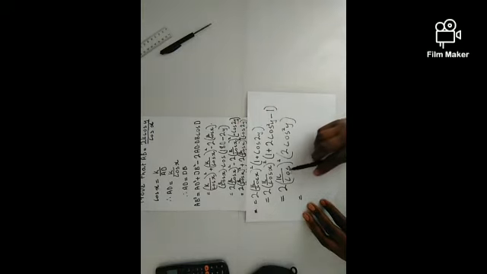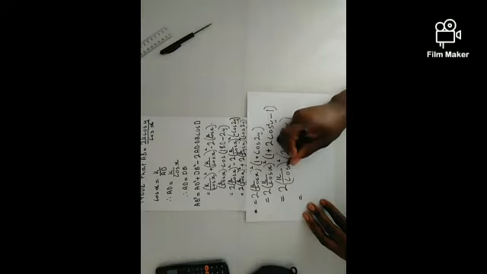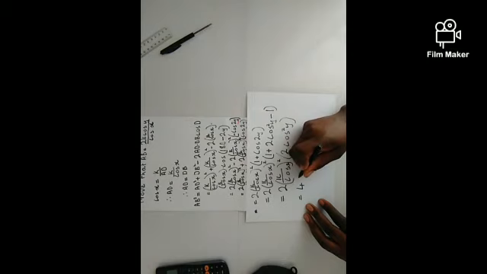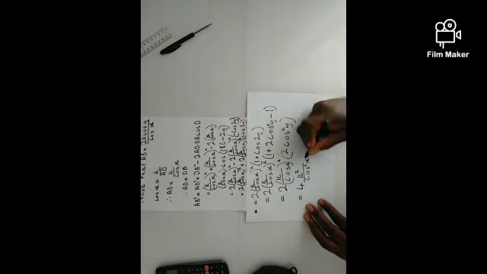Then we're going to have K squared over cos squared x. We multiply 2 and 2, and we'll have 4 K squared over cos squared x times cos squared y.